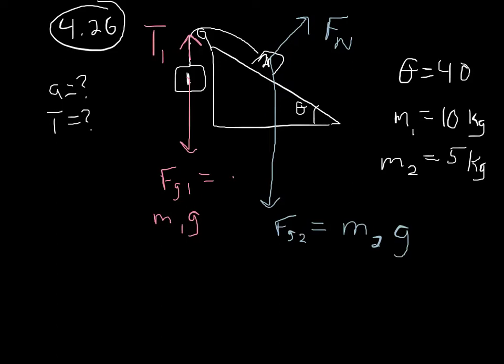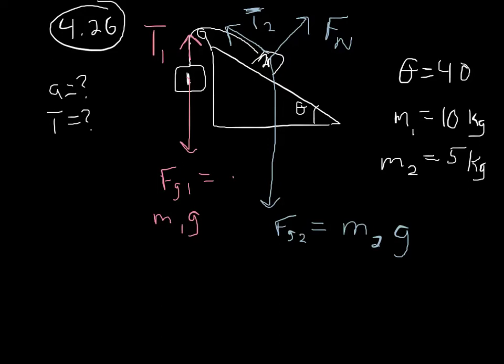Any other forces? Tension. Where does tension go? Up the incline towards the pulley. Tension on box number 2. Now, since I have this force acting down at an angle, what do you do anytime you see any force acting at an angle?